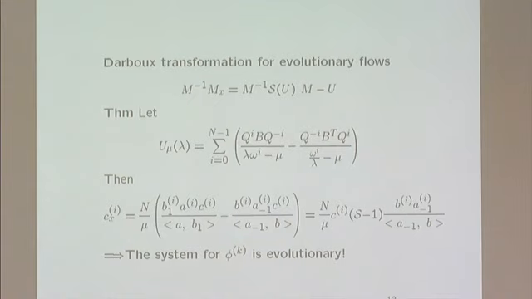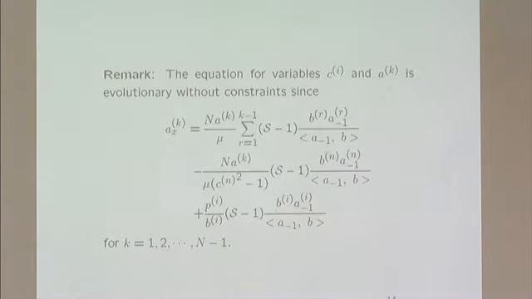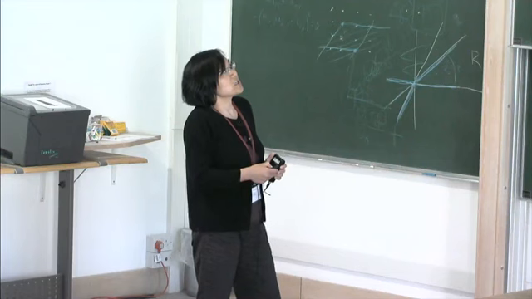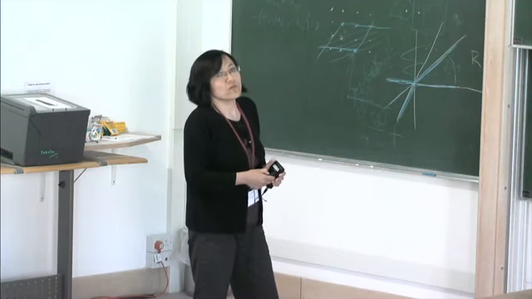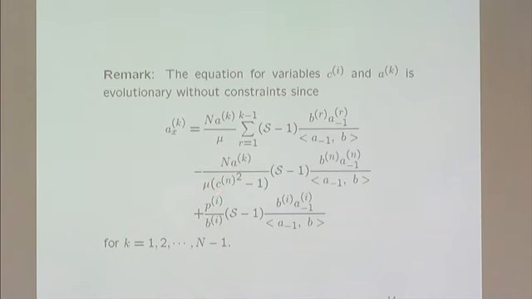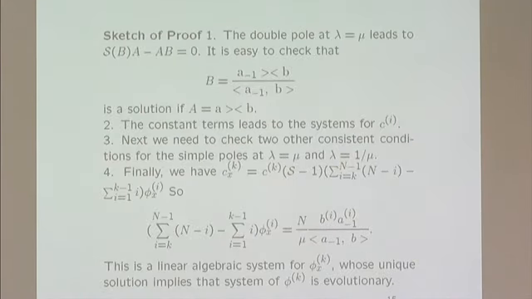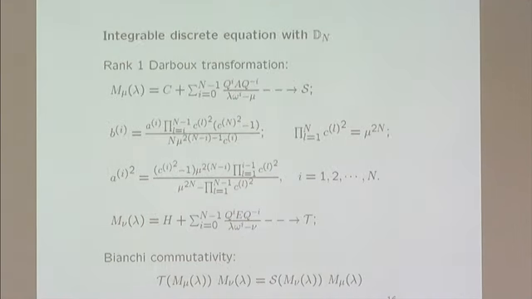So what you can do is, instead of putting in a constraint, you can compute the evolution on your A, and by doubling the dimension of your components, you get a nice evolutionary system. I will not go into the proof.